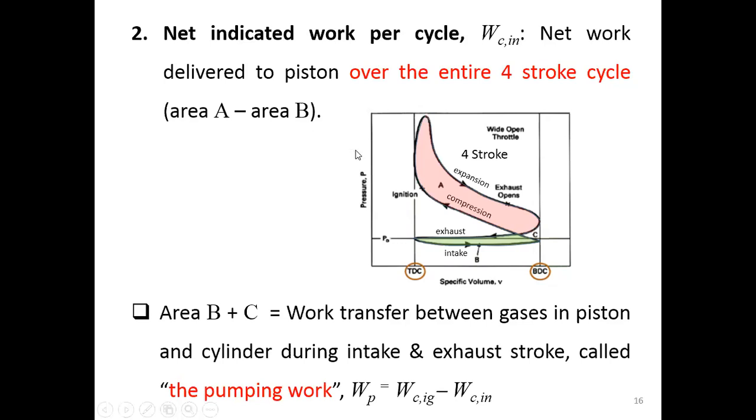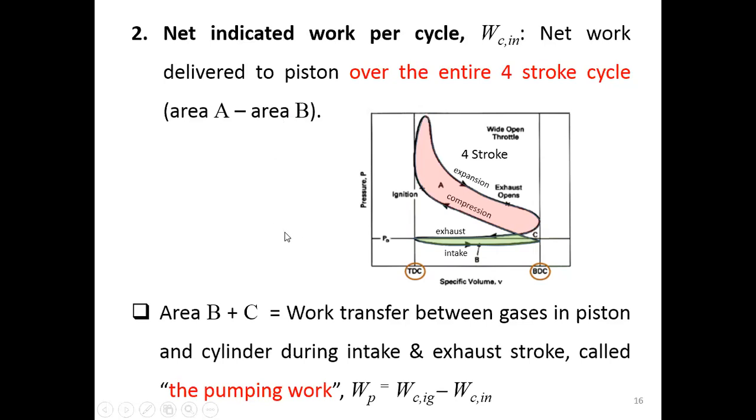We also have to provide work to draw the air into our engine. This is the work that the engine has to give before it creates the positive work here. So it has to pay first and get the result back. Overall, it is the combination of these two, one positive and the other negative. That's why the net indicated work per cycle is the area A minus area B.